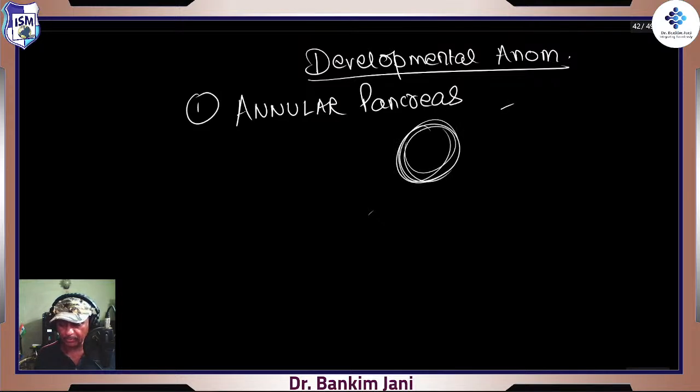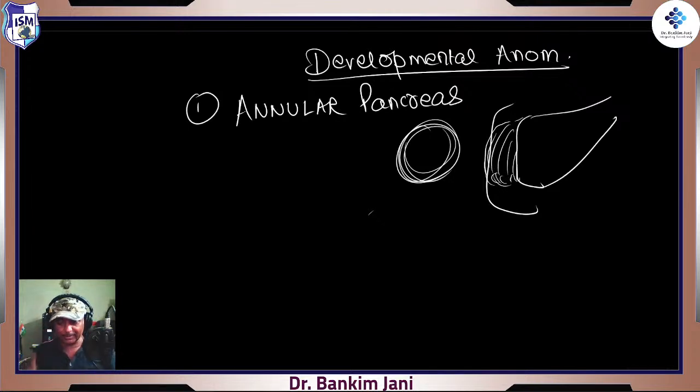Otherwise, the duodenum is giving such support and the pancreas is developing. But what if this pancreas becomes the murderer? It is like strangulation. That is what is called the annular pancreas.